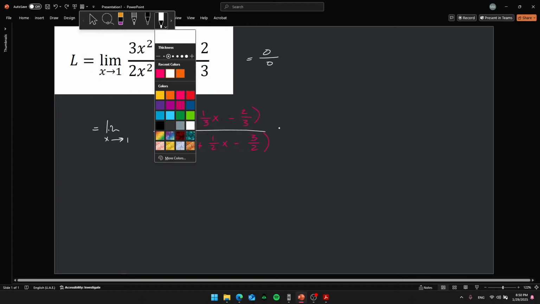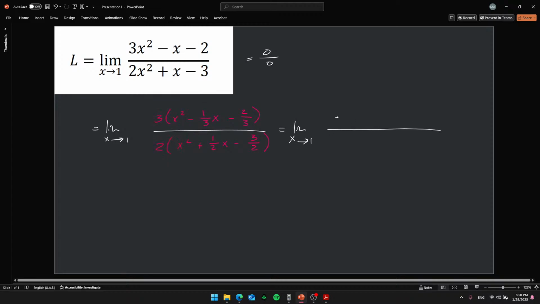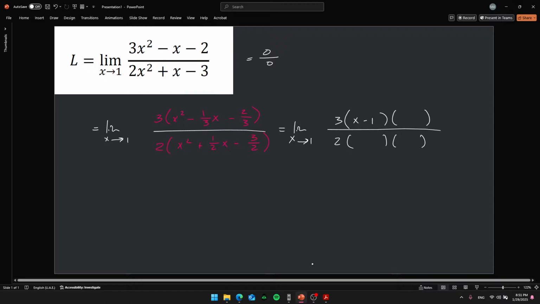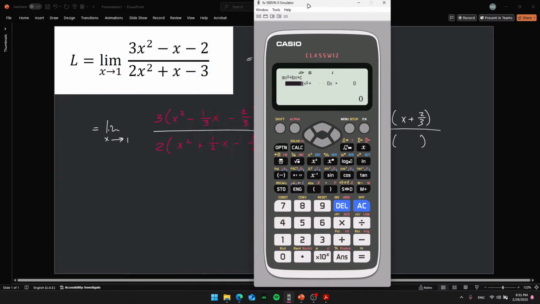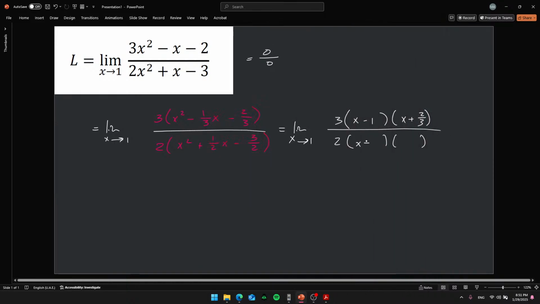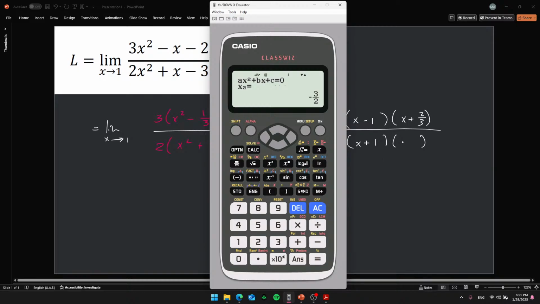Okay. To be on the safe side. 3, 2, then minus 1/3, minus 2/3, x minus 1, and x plus 2/3 for the denominator. 1, 1/2, minus 3/2, x minus 1, x plus 3/2.